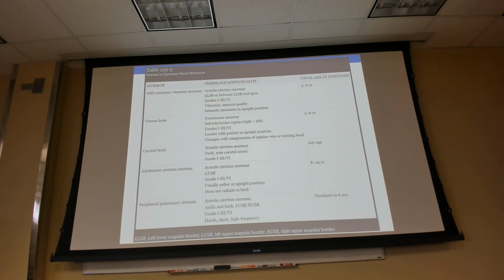All of these lists, you will need to know these lists, are the normal, benign, functional, physiologic sounds of murmurs in a child. So if I'm looking at a Still's murmur, I am truly hearing the sound of the systolic contraction and relaxation of these ventricles.